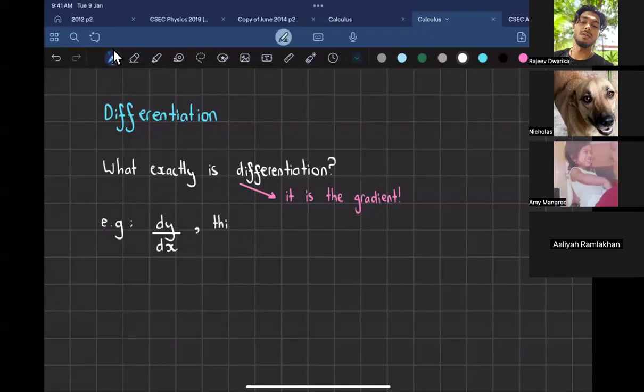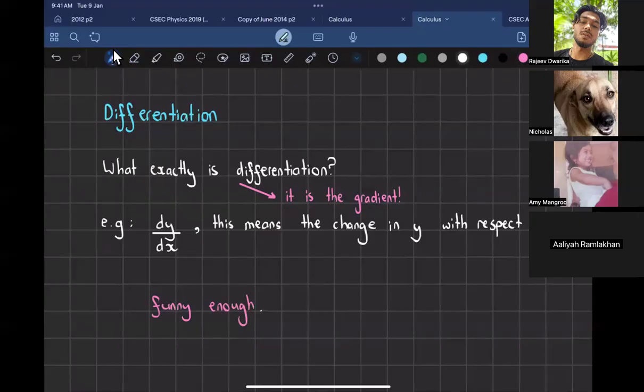This means the change in y with respect to x, right? Funny enough, formula.